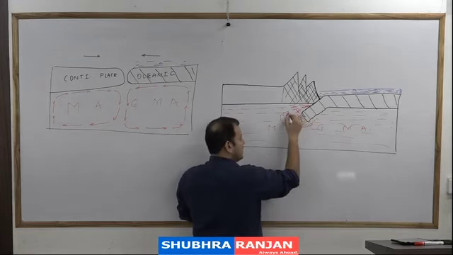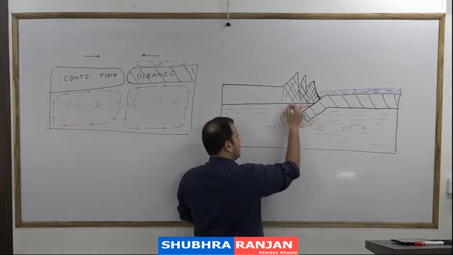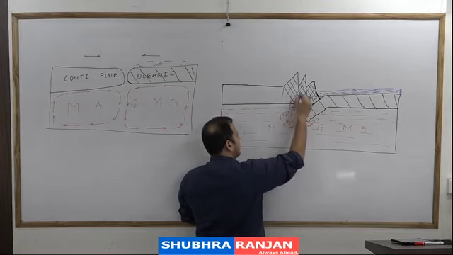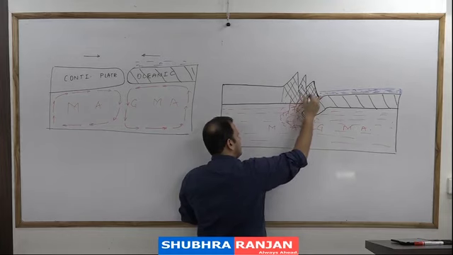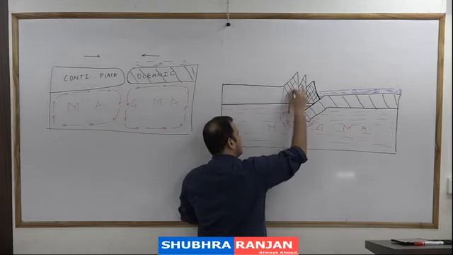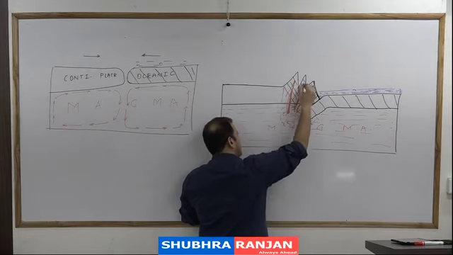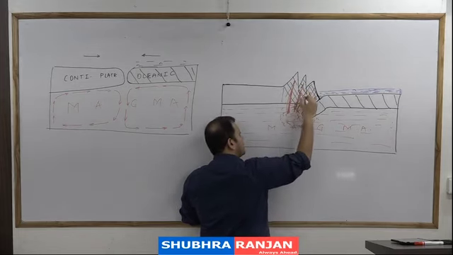As the pressure rises, the magma will try to come up through the available cracks or gaps. But this magma will not get the crack, and therefore it will collect here to such an extent that over a period of time, when the pressure becomes so high, it will explode the weakest part of a mountain.